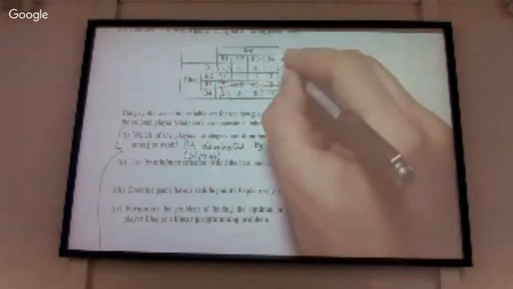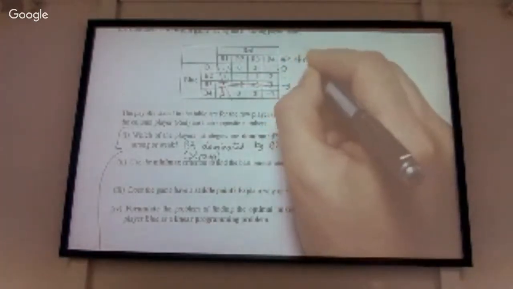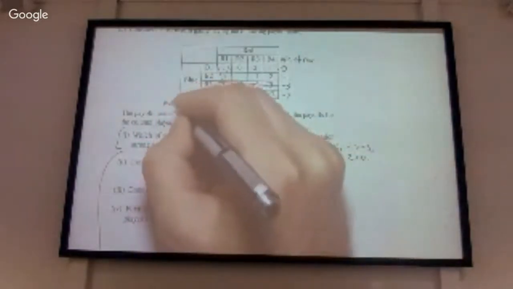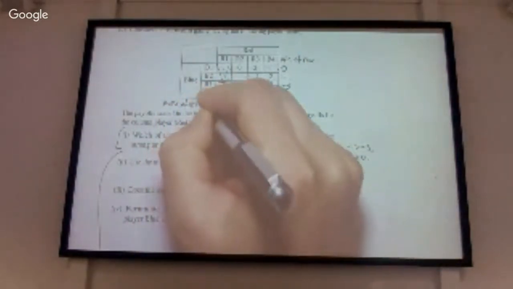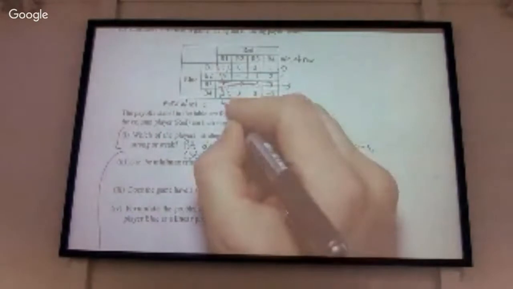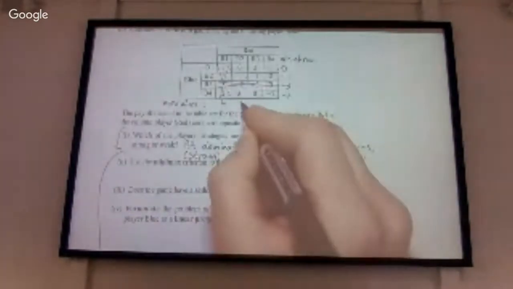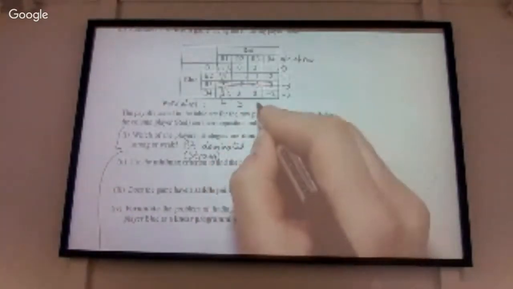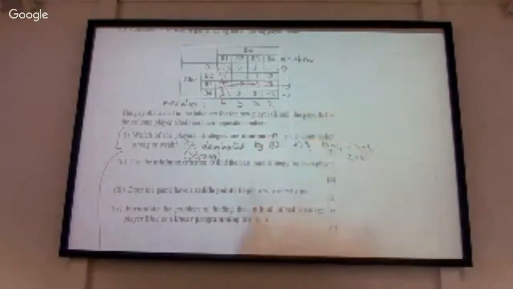This is the min. And what's the max on each column? What are the maxima? 4. 4. Yeah. 3. 3. 2. Yeah, that's great.